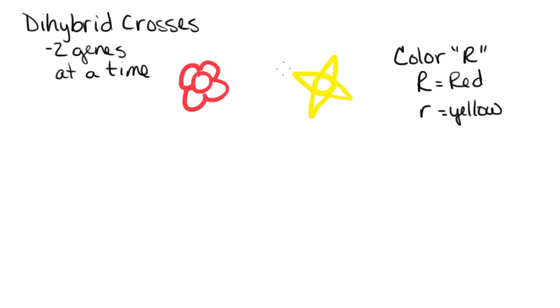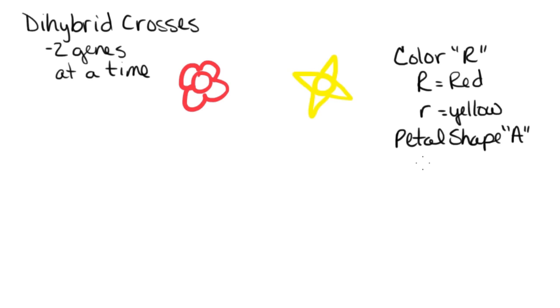The other characteristic that we're going to be looking at is petal shape. Since we can choose any letter we want to represent these genes, I'm just going to pick a random letter here, and I'm going to use the letter A. The reason I'm using the letter A is because the letter P or S for petal or shape would be a poor choice, because the capital version looks very similar to the lowercase version.